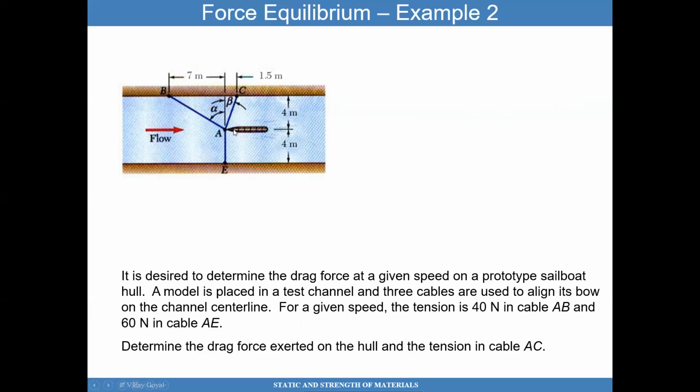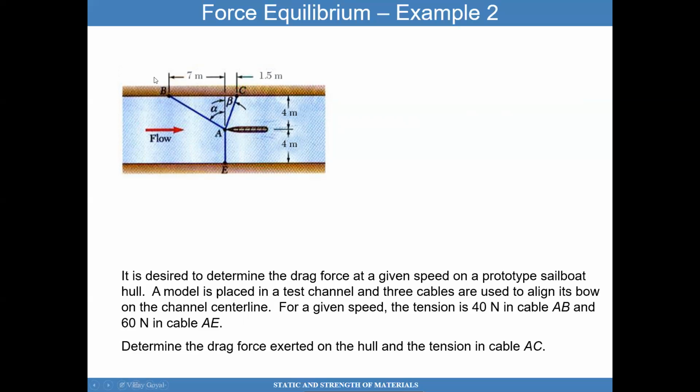For a given speed, the tension in cable AB is known. It's 40 newtons. And the tension in cable AE, which is this one right here, is 60 newtons. The question is, determine the drag force exerted on the hull, and the tension in cable AC.